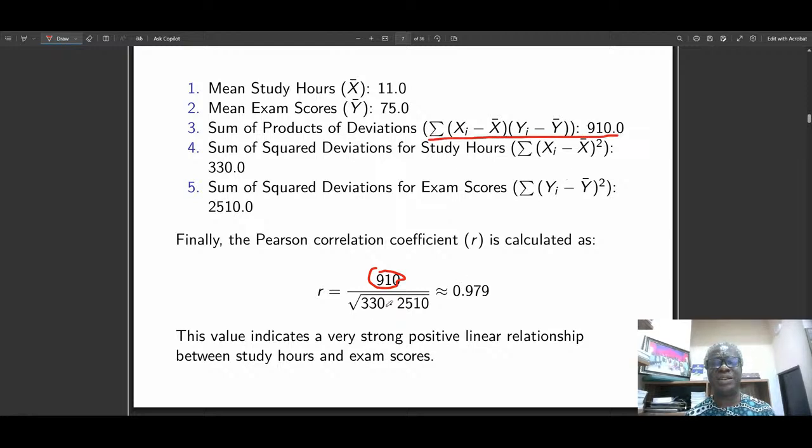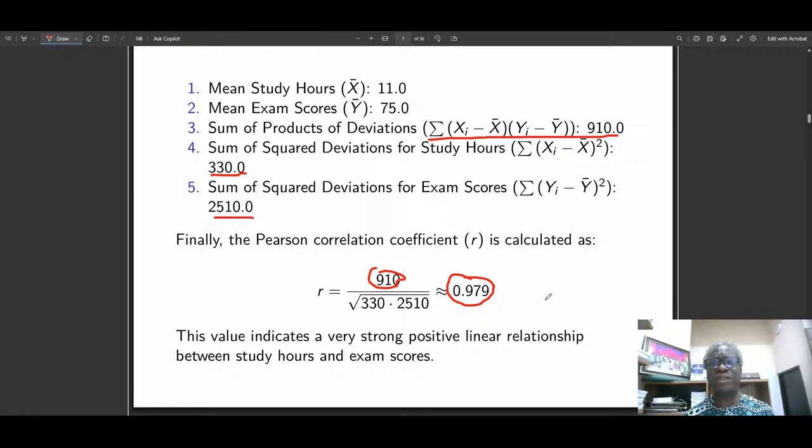and then the square root of the product of the sum of square deviations, that is 330 and 2510, the square root. And that gives you approximately 0.975.